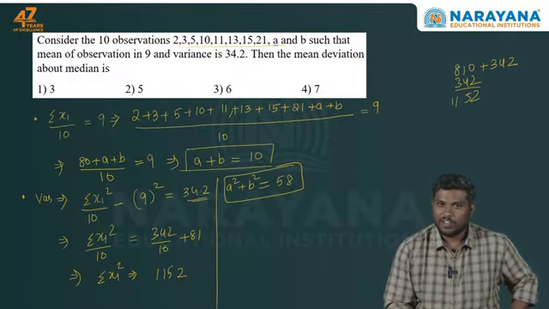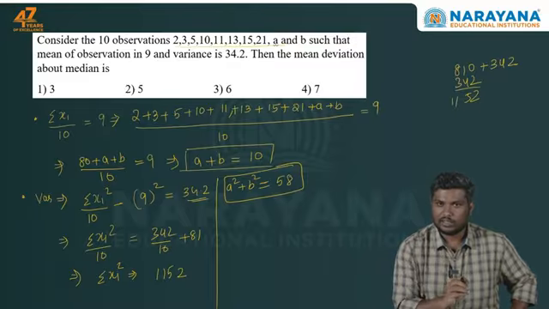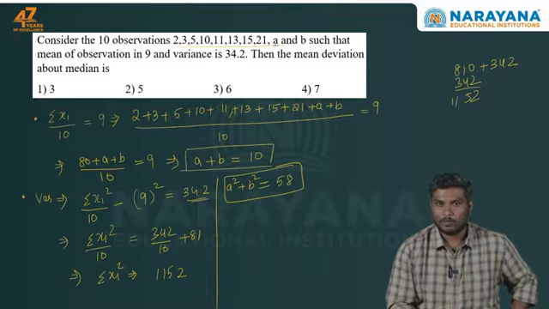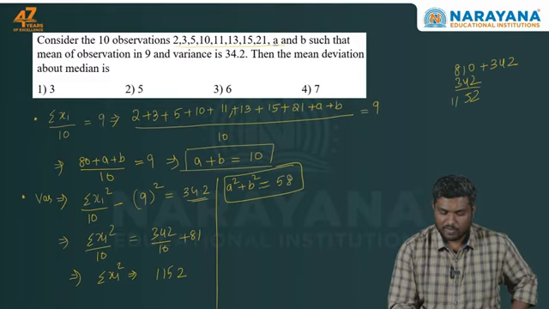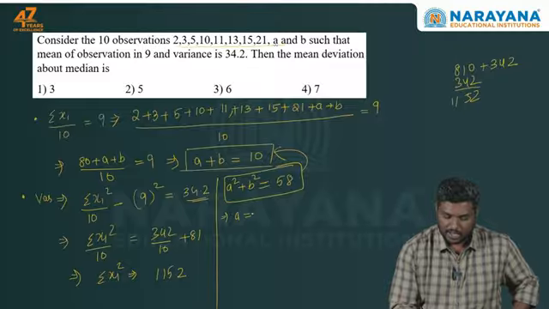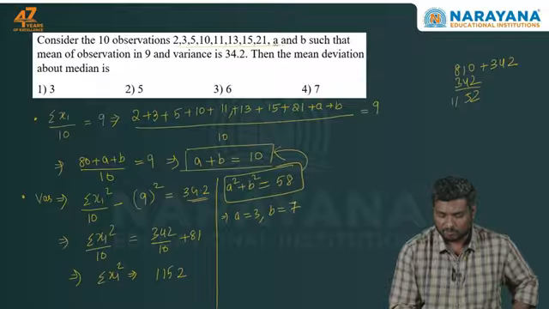You have to be very patient because this is an easier question, so you are not going to miss 4 marks in this question. So a square plus b square equal to 58, and a plus b is equal to 10. This implies one of the values will be 3, then the other value will be 7.